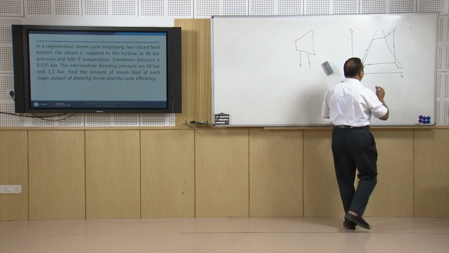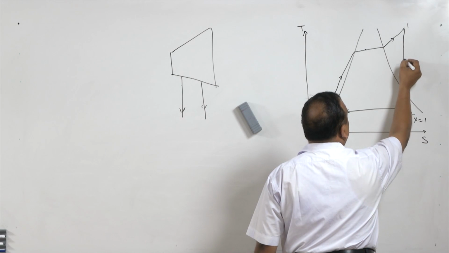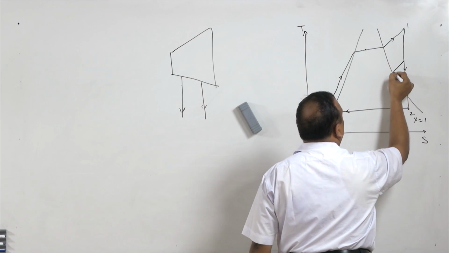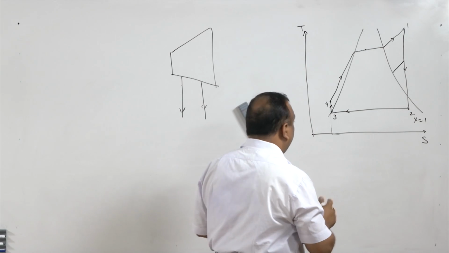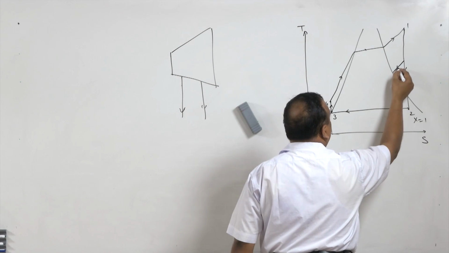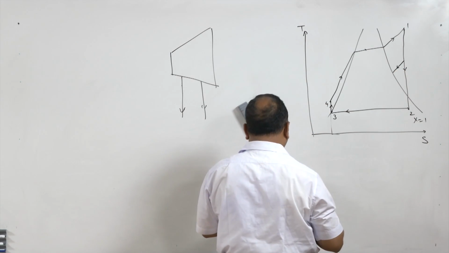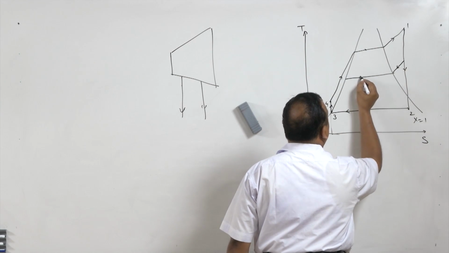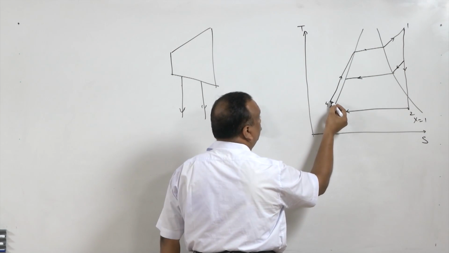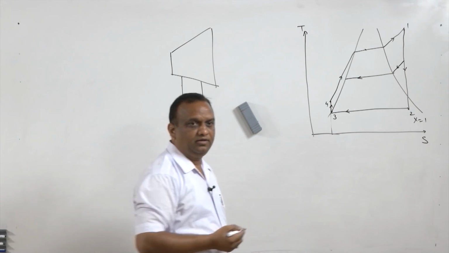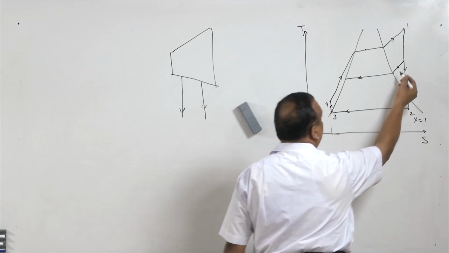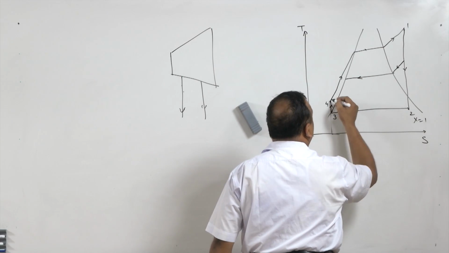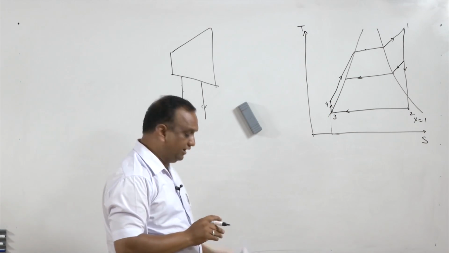At 10 bar pressure steam is tapped, perhaps the steam will remain superheated in this state, and then desuperheating takes place, and then complete condensation of vapor takes place, and this heat is transmitted to the feed water, because the steam tapped here is used for heating the feed water.